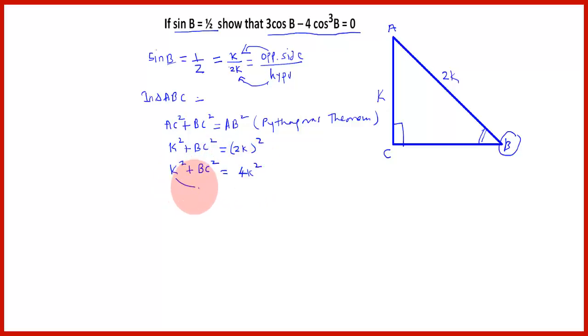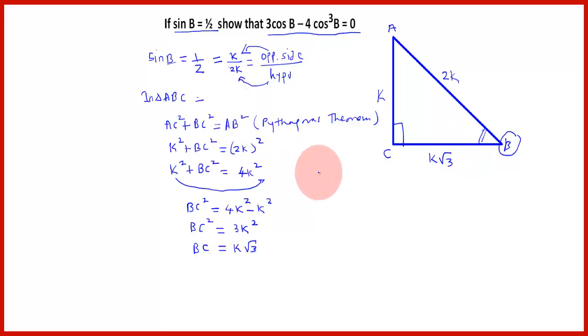Now take k square to the other side, so BC square is equal to 4k square minus k square, that is 3k square. Taking square root of both sides, we get BC is equal to k root 3. So BC will be k root 3.